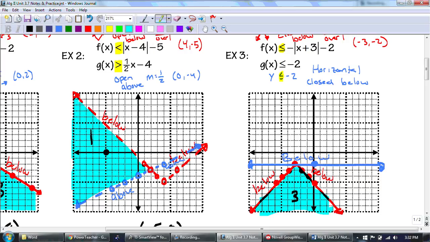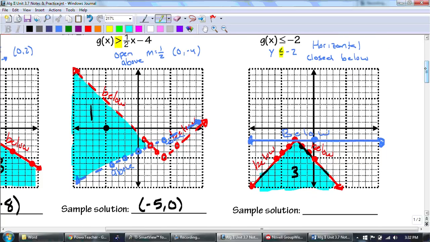And there we go. All right, so I need a sample solution, any point, and just make it easy. There you go. That's the point -5, -10.